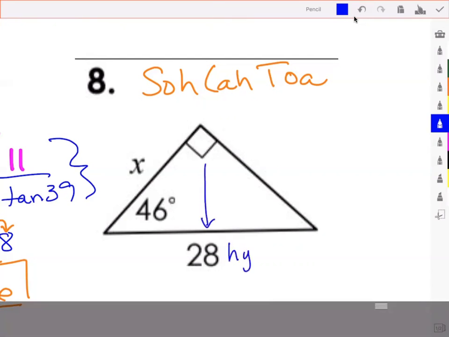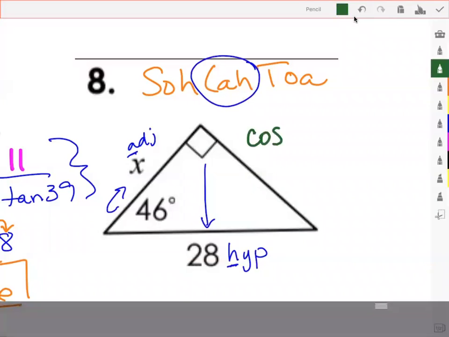So here is my hypotenuse. And X then is the adjacent. So if I have the adjacent and the hypotenuse, do I have sine, cosine, or tangent? I have cosine. So the cosine of my angle measure of 46 equals adjacent over hypotenuse, so X over 28.